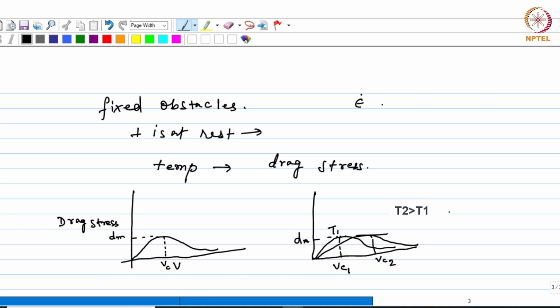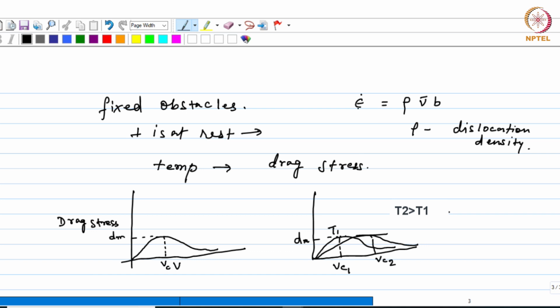Epsilon dot is the strain rate, and this is given by this expression, where rho is the dislocation density, V bar is the average velocity of the dislocations, and b is the Burgers vector.